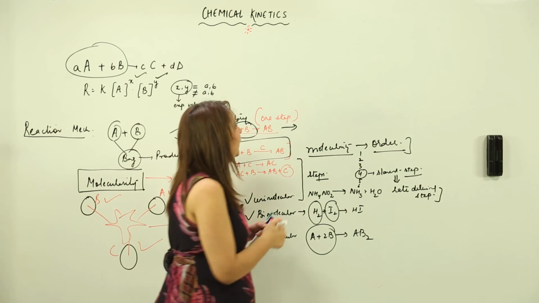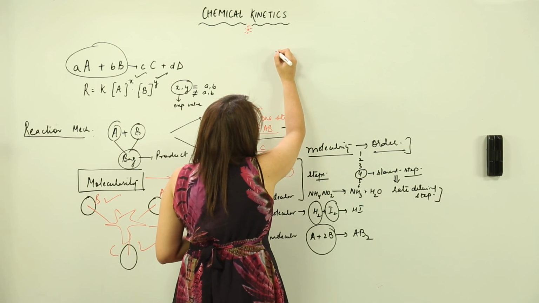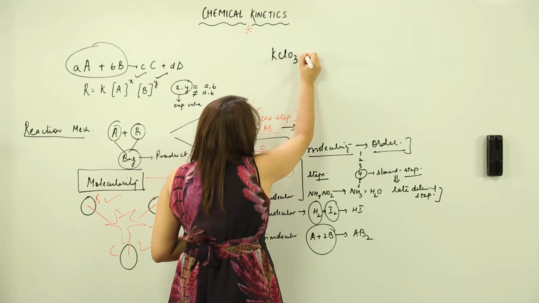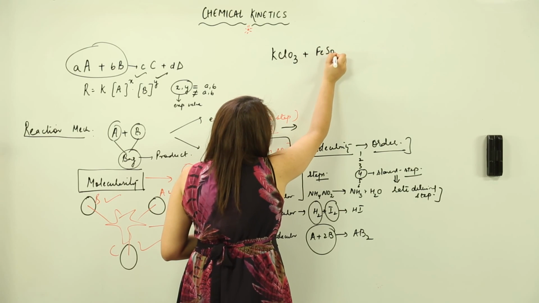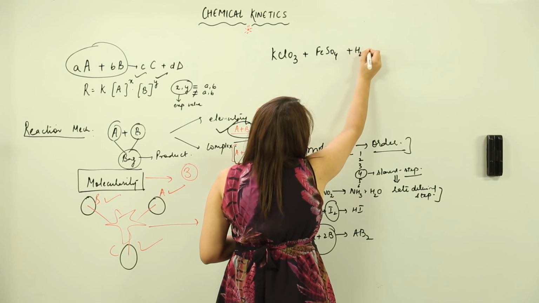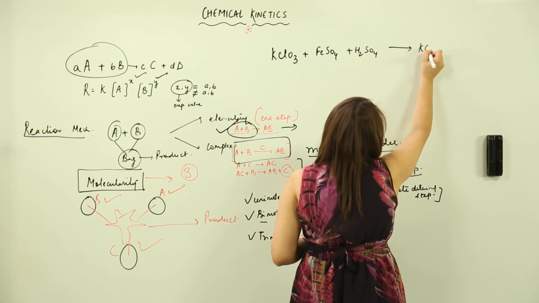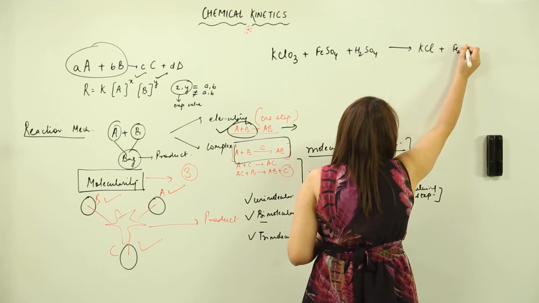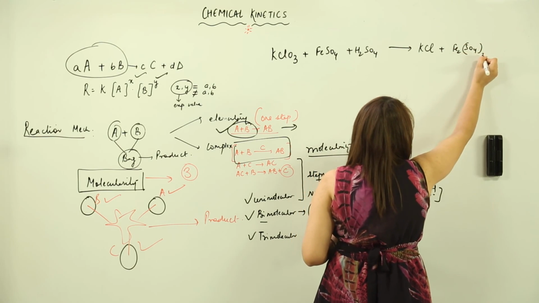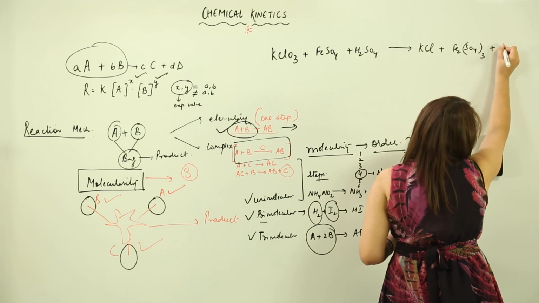For example, I explain with one more example. Suppose I have KClO3 plus FeSO4 plus H2SO4. What product are you going to get? Obviously KCl, Fe2(SO4)3, and we will also get water.